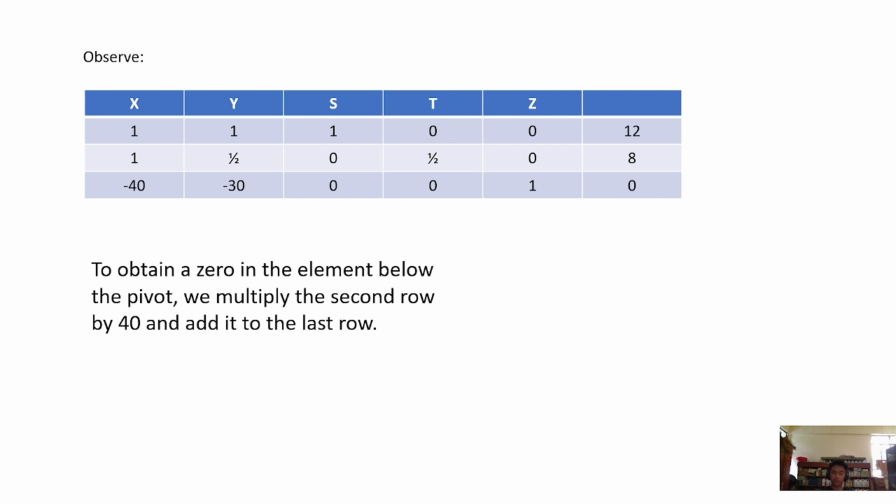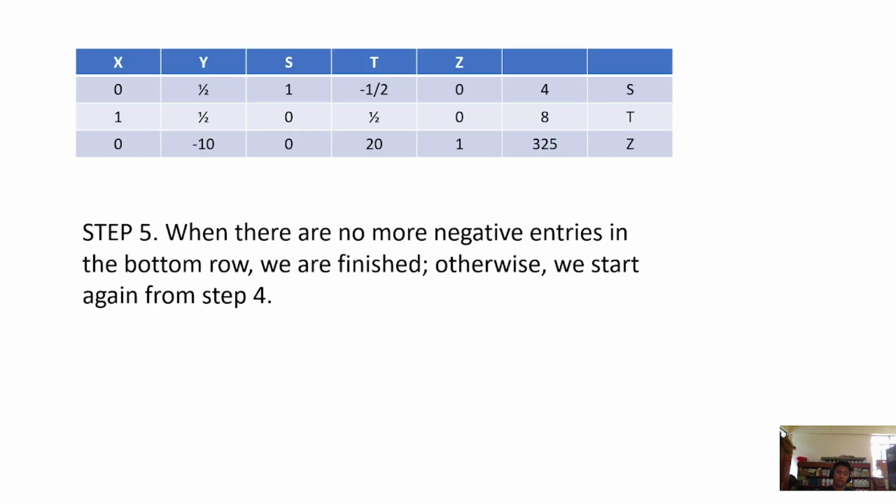So let's proceed to step 5. When there are no more negative entries in the bottom row, we are finished. Otherwise, we start again from step 4. Since there is still a negative entry, -10, in the bottom row, we need to begin again from step 4.